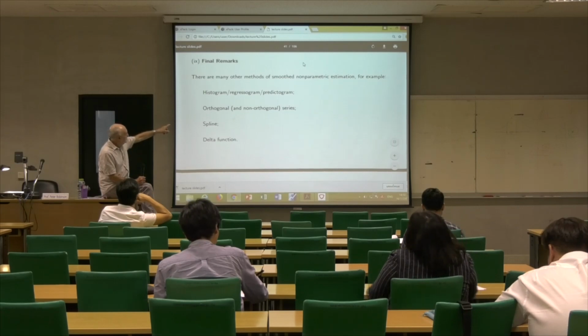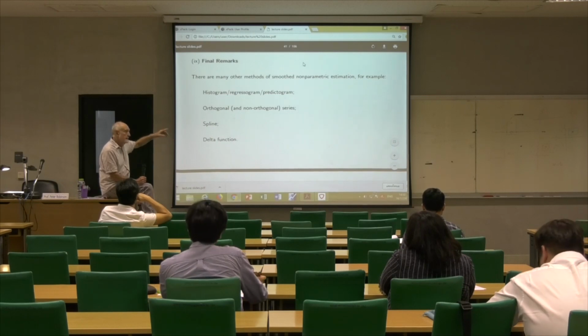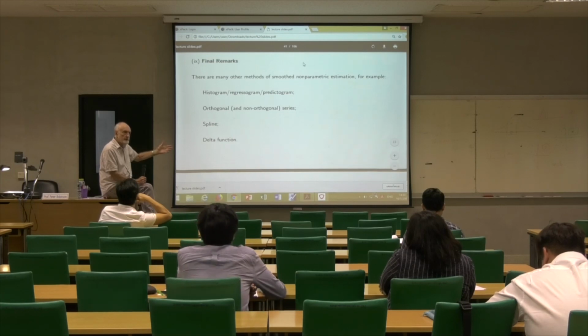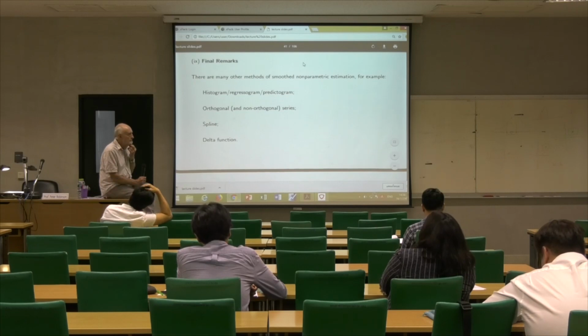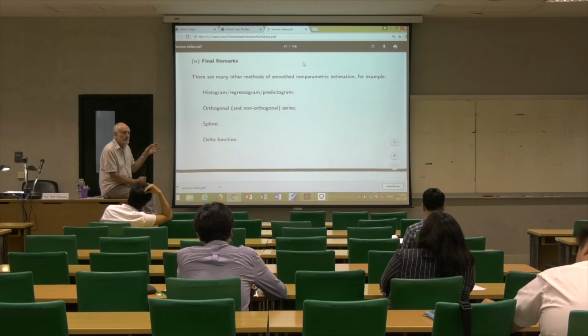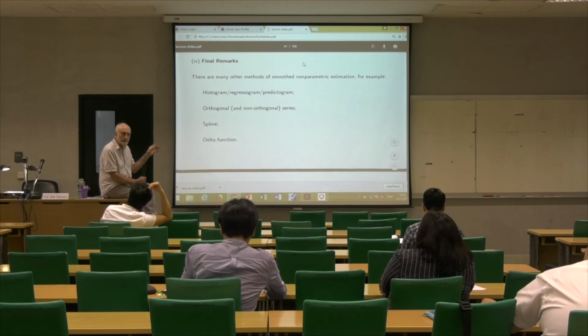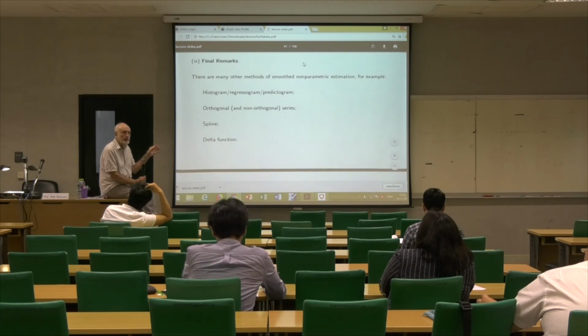One time there was a big literature on using a kind of orthogonal series approximation. More recently, in econometrics, it's quite possible to look at series estimation, where you imagine that you're approximating the function of interest by a weighted sum of relatively simple functions like powers or something like that.